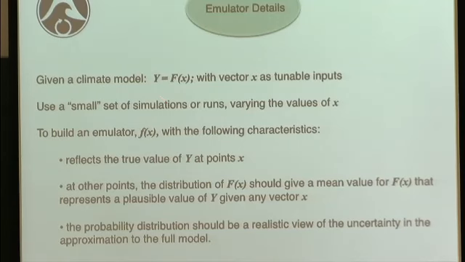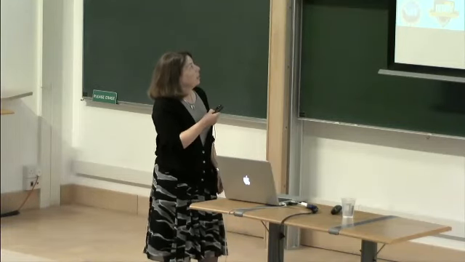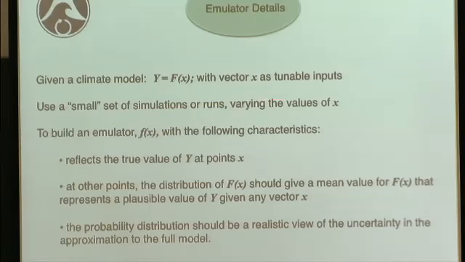So we have, say, a climate model, and the outcome y is equal to some function of this vector x, and x is a vector that has tunable inputs that we've chosen from this design that we've created. We have a relatively small set of simulations with varying values of x, and we want to build this emulator, small f of x.